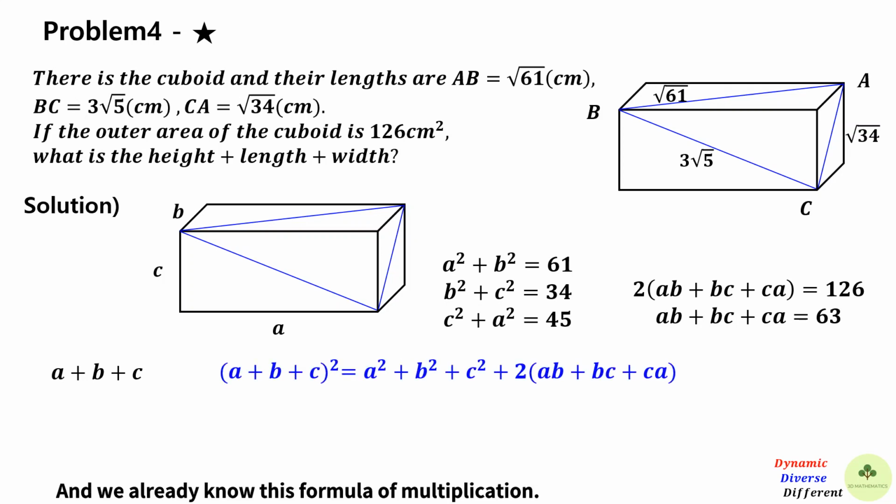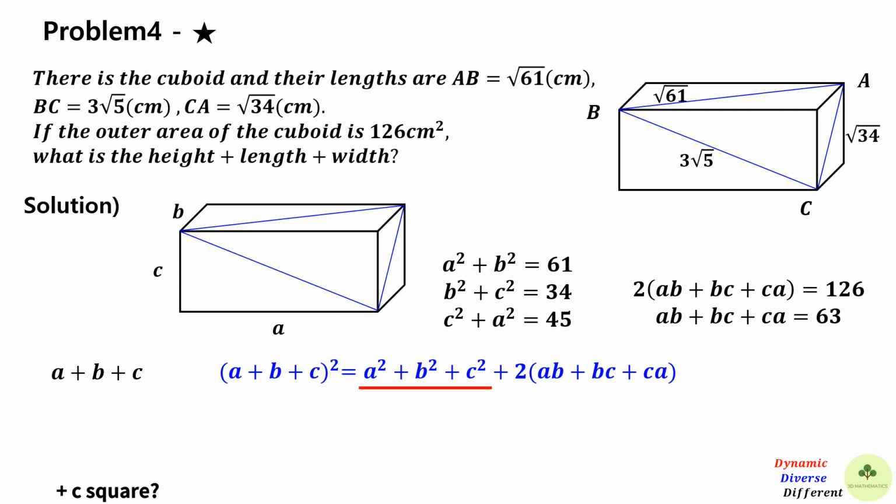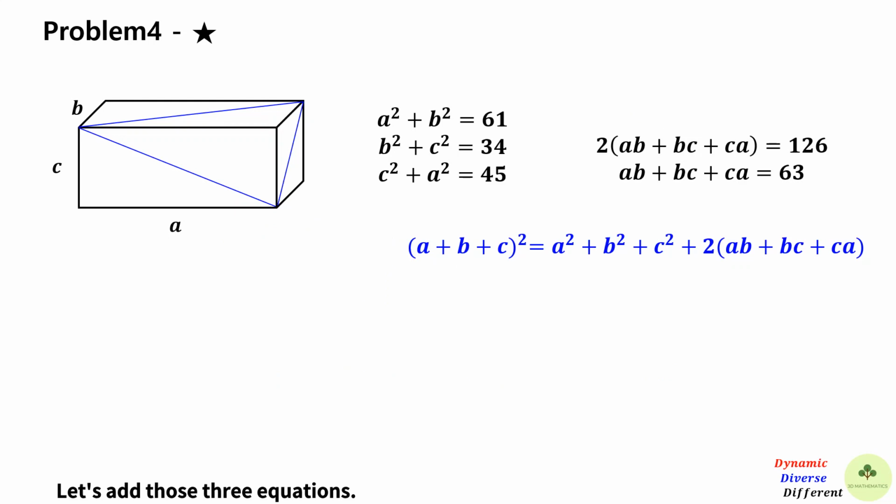And we already know this formula of multiplication. If we can find out A squared plus B squared plus C squared, we can get to know what A plus B plus C is. How can we find out A squared plus B squared plus C squared? Let's add those three equations.